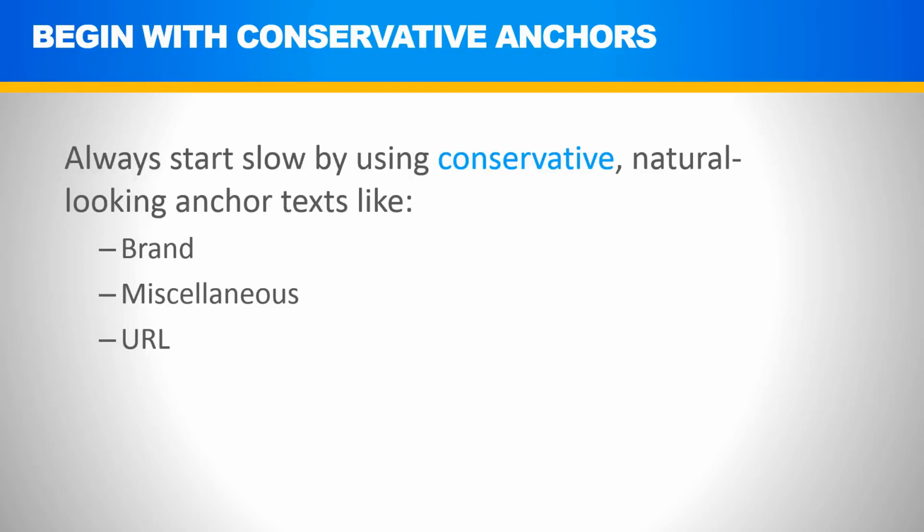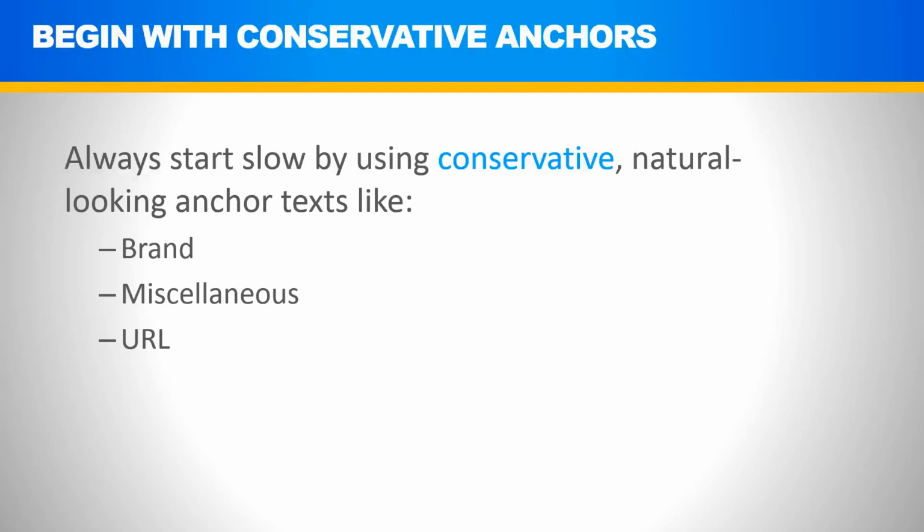To each URL that you're sending links to, mostly brand, miscellaneous, and URL, and you'll sprinkle in a little bit of target anchors every now and then. But as your campaign starts to mature and you've sent more links and it's been months and months since you started the campaign, then you can start to get more aggressive, so more target anchor text. It just looks more realistic and more trustworthy that a site would start off with natural links and then maybe start to pick up over time.